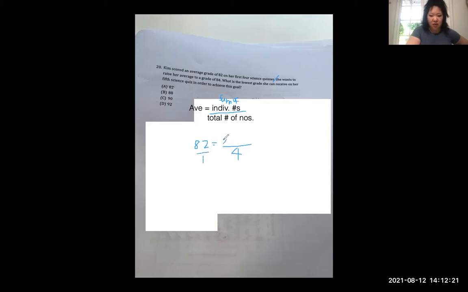And I'm going to write right here so you can see concretely that there are 4 individual numbers that we don't yet know, but what we can gather is the sum of all those 4 individual exams, right? So x sub 1, x sub 2, x sub 3, x sub 4. And when we cross multiply, we're going to get the sum of those 4 exams to be, what is that, 8 and 32. So 328.